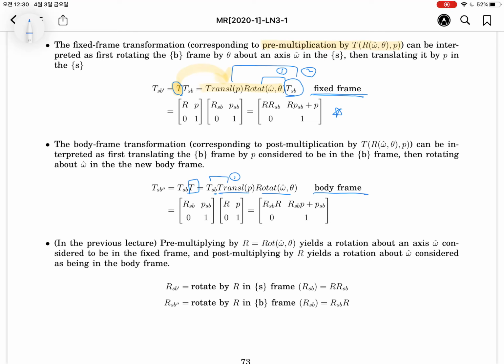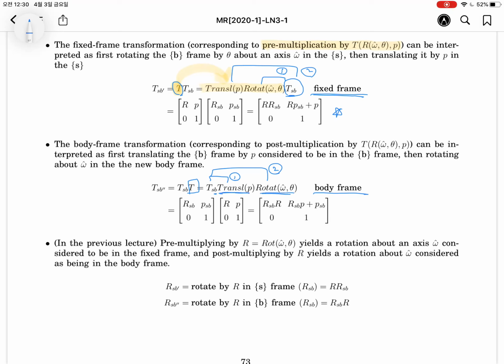The body frame is moved to the new frame, and in the new body frame, the rotation is achieved. The sequence is very important. The translation first, and then rotation later. On the other hand, in the previous pre-multiplication, rotation first and the translation later.